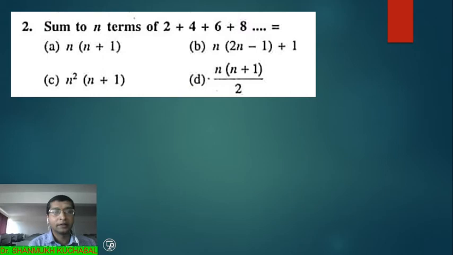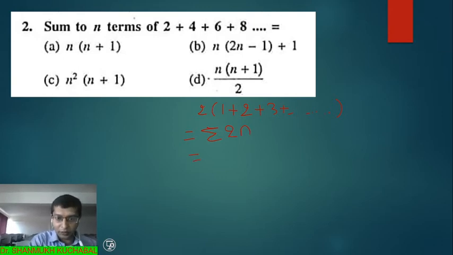Next example, sum of n terms of 2 plus 4 plus 6 plus 8, n terms it is. So here we observe that we have to calculate the sum. If we take 2 common, we get 1 plus 2 plus 3 and so on. So it is the summation of 2 and n, we can write it.